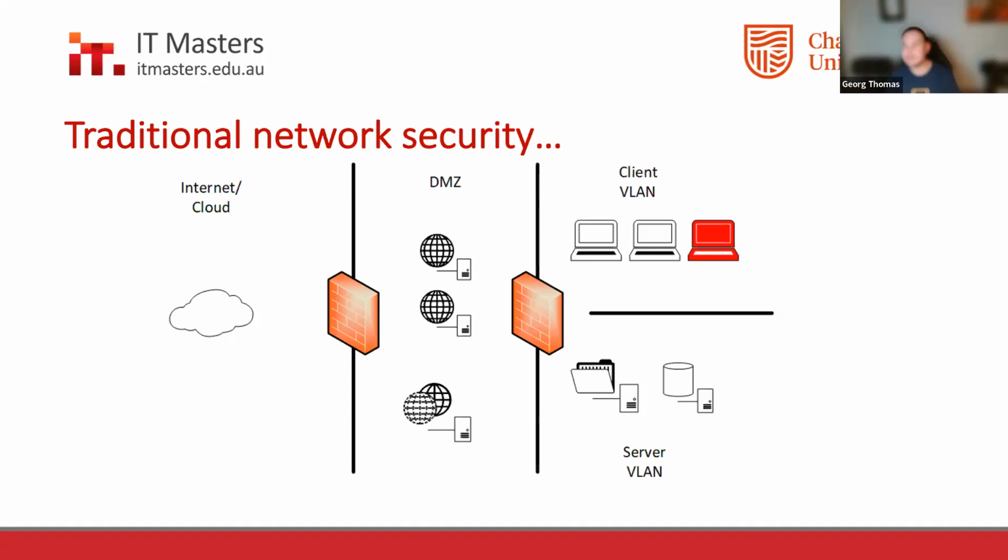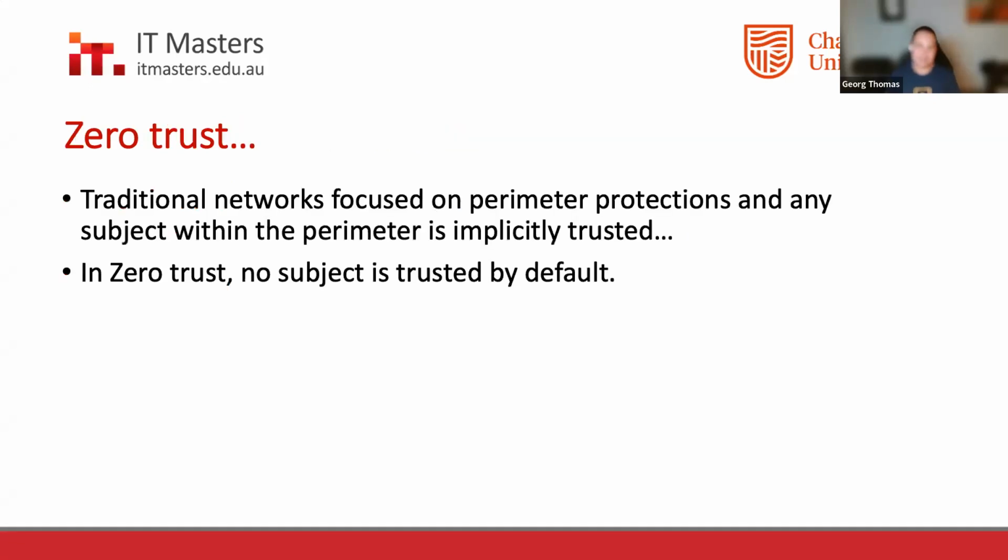That is one of the big issues with the traditional network security model, that lateral movement ability. And this is where something like zero trust comes in, where no subject is trusted by default. No application, no user or device is trusted, and that trust is reassessed and verified every time a subject requests access.